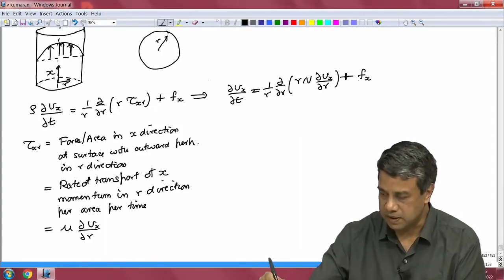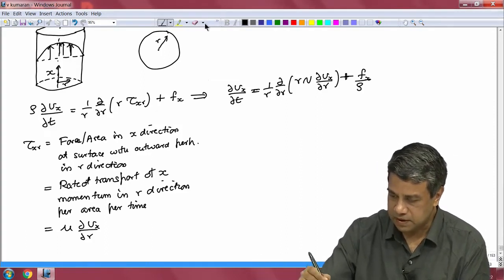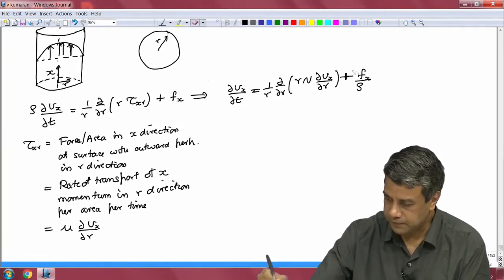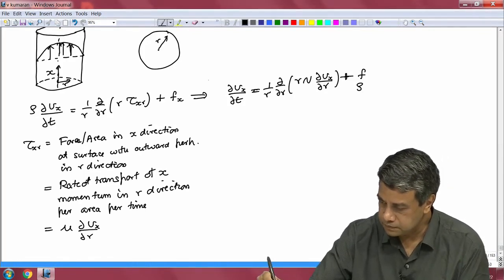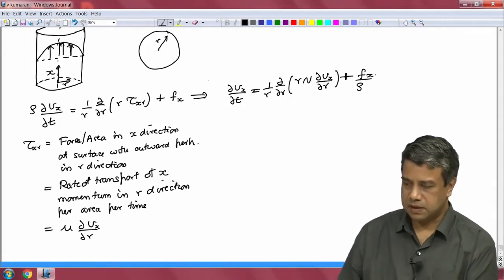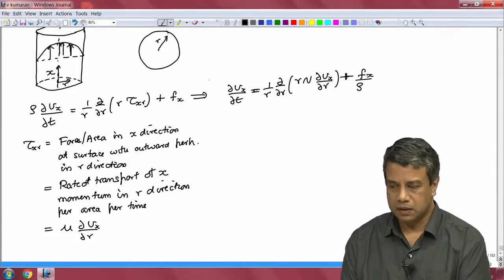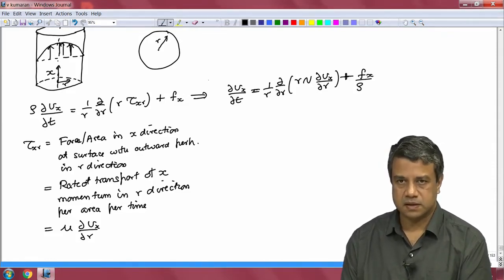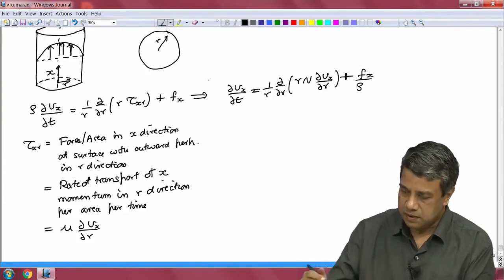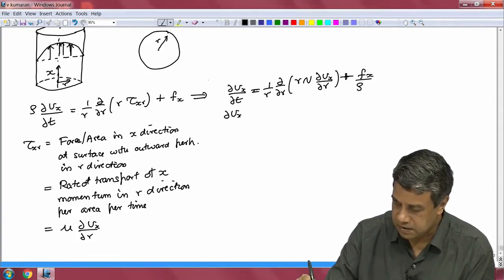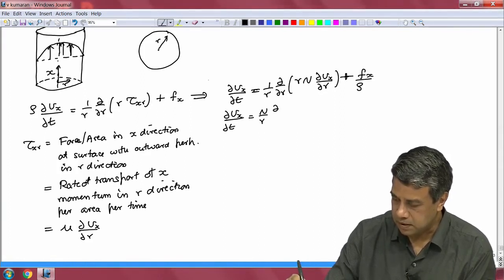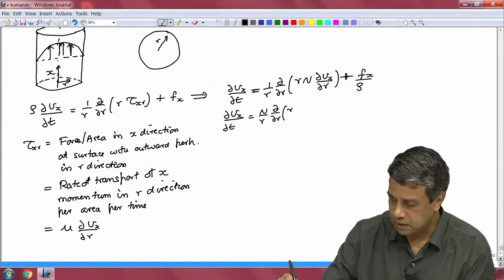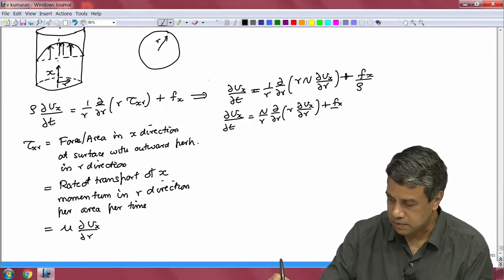If I divide throughout by density, I will get mu by rho on the left side and Fx by rho on the right hand side. And if the kinematic viscosity is a constant, independent of position, then my conservation equation becomes partial Vx by partial t is equal to nu by r d by dr of r partial Vx by partial r plus Fx by rho.